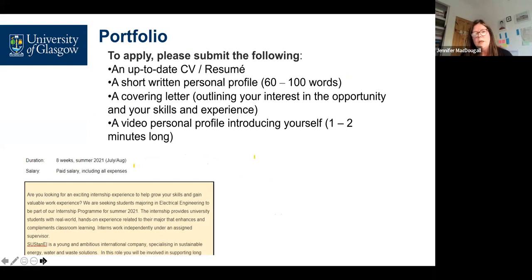In the portfolio, which is their first assessment, you see on the left-hand side I've got a little extract of a job ad for an internship. This is just the beginning of it. They're given a job ad, and then they have to use that job ad to submit the following items of a portfolio.